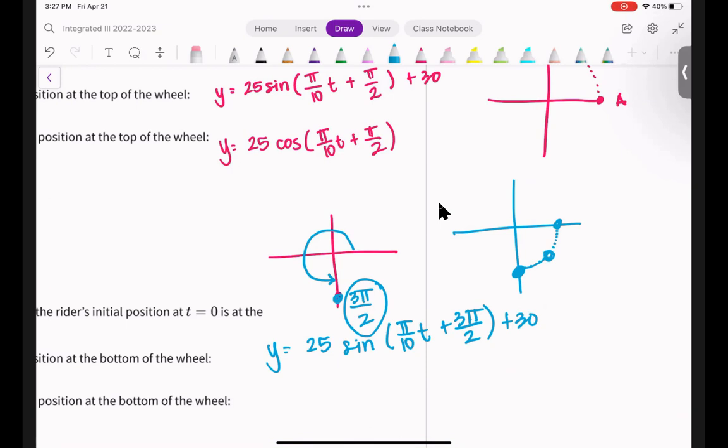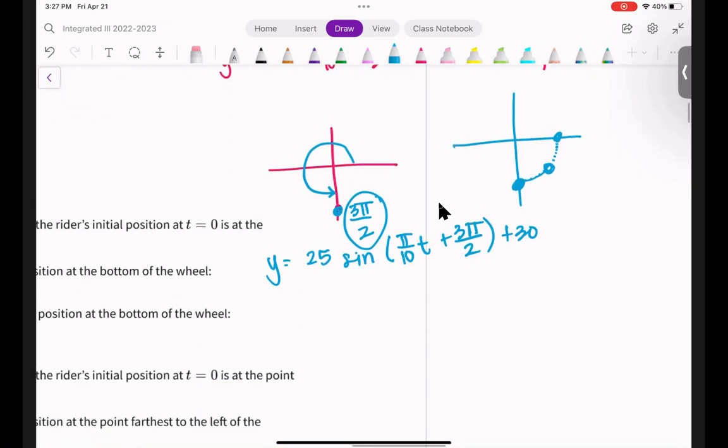Did he start it at the top of the wheel? Did he start when he was at the rightmost? And that's going to help you understand what this function is. So similarly, you're going to go y equals 25 cosine pi over 10 t plus 3 pi over 2, so that you guys can do that, right?